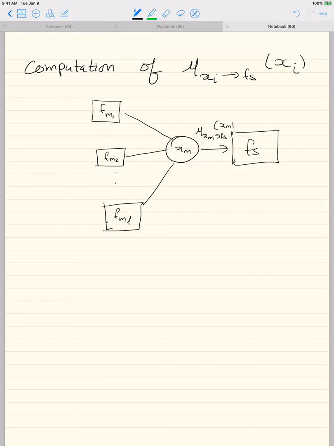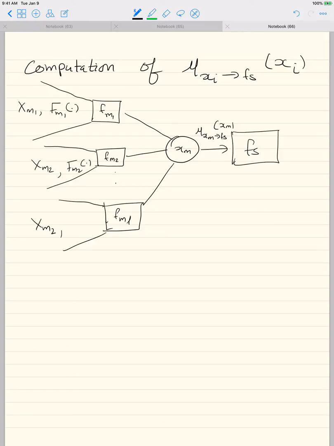The factor nodes are connected to downstream variable nodes, and they will have factors fm1, fm2, fmL, connected to them, and we will have messages coming into the variable node.